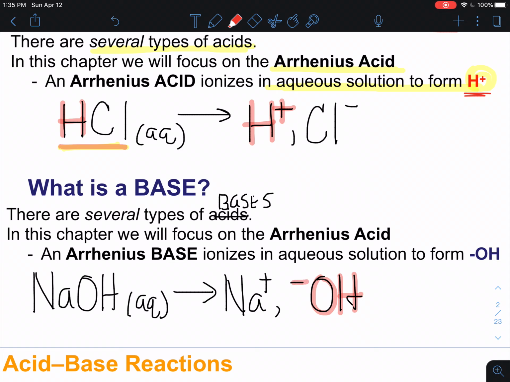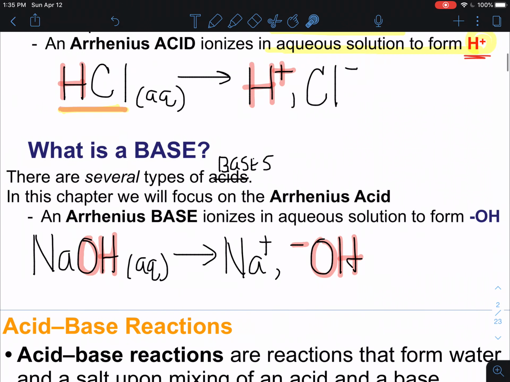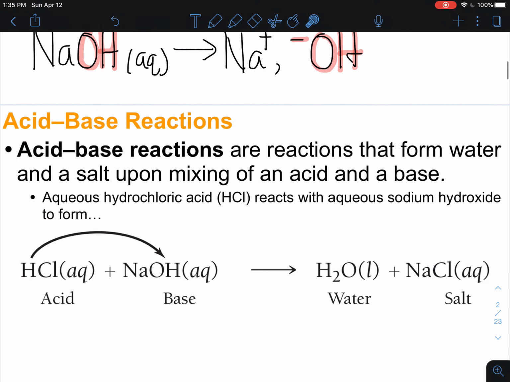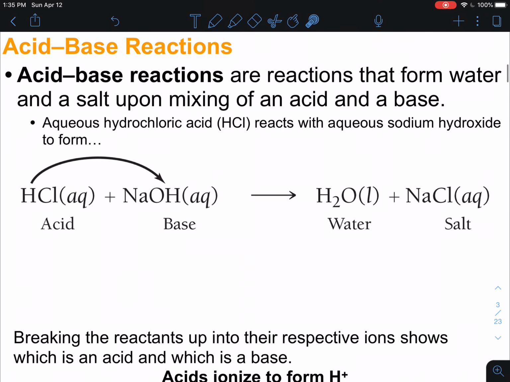When we look for Arrhenius acids, we look for the H, hydrogen, and for Arrhenius bases, we look for this hydroxide ion, and we know that if this is soluble in water, it will ionize to form OH-.